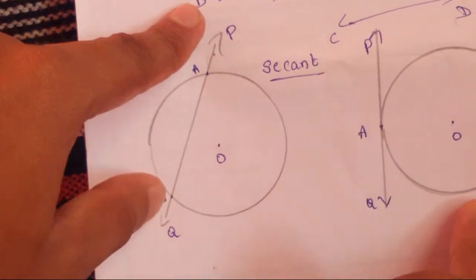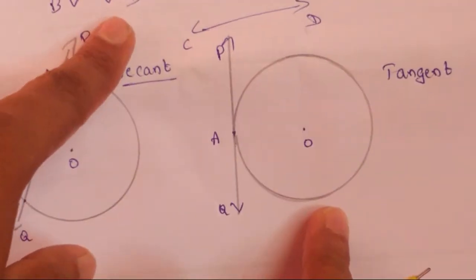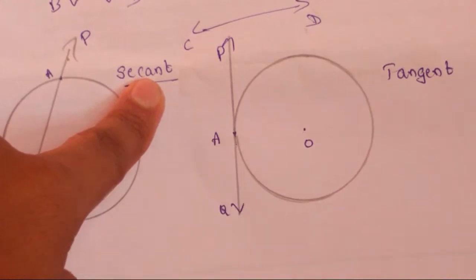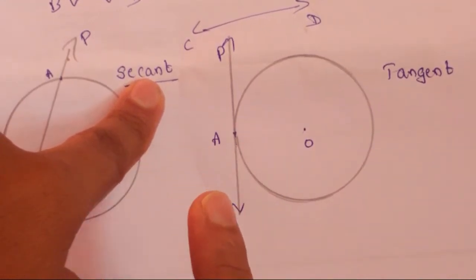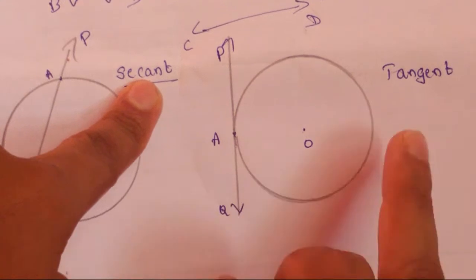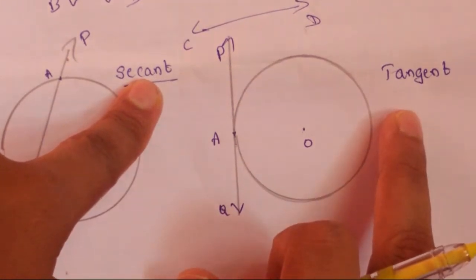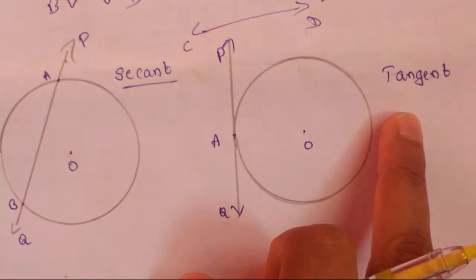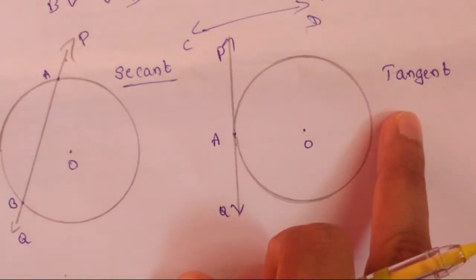And the third diagram tells us that if a line passes through a circle at a single point, then we call that line a tangent of the circle. If the line passes through 2 different points, then we call it a secant. If a line passes through a single point on the circle, then we call that line a tangent.